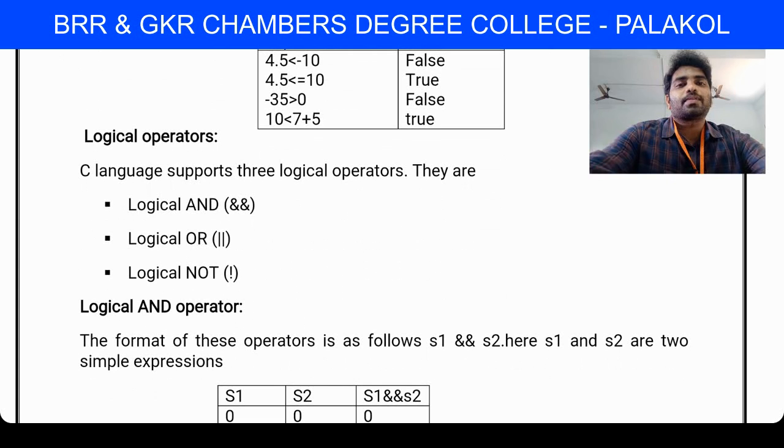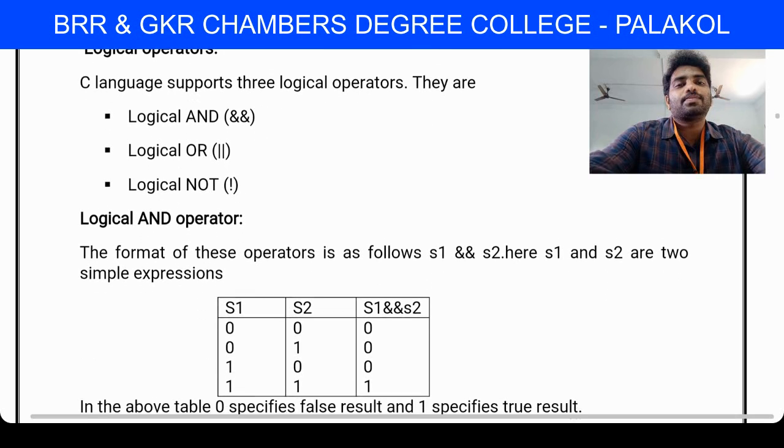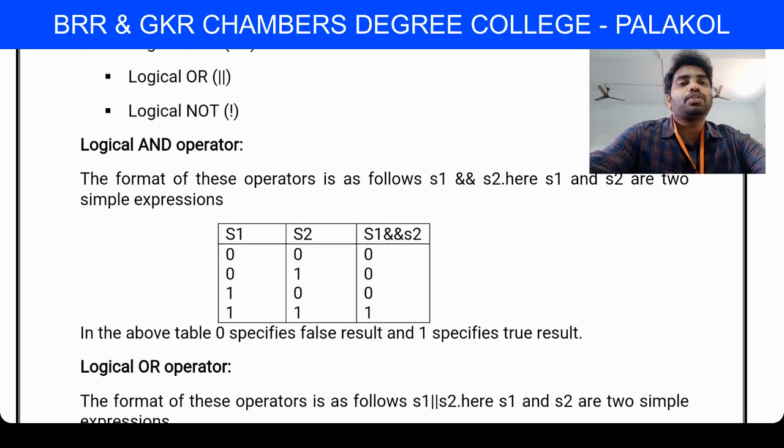Next, logical operators. The C language supports three logical operators: logical AND, logical OR, logical NOT. The logical AND operator works on two expressions, S1 and S2. If both conditions are true, the output is true. All remaining cases are false.